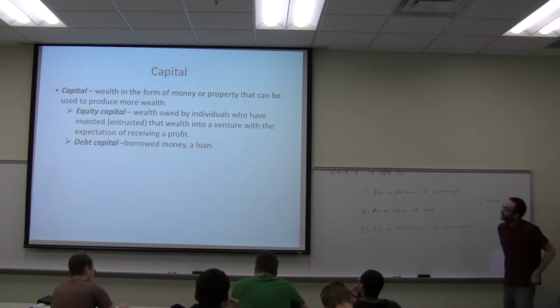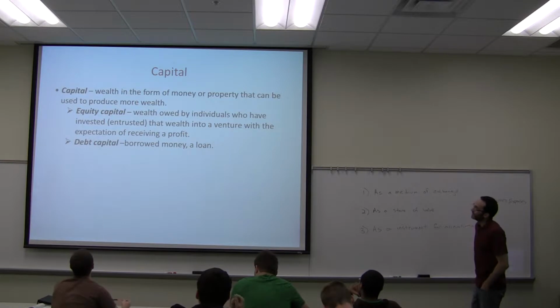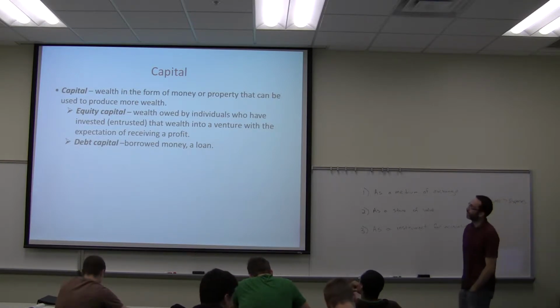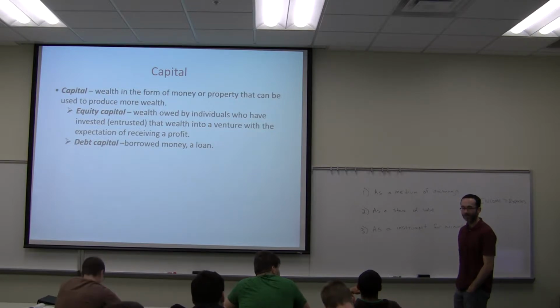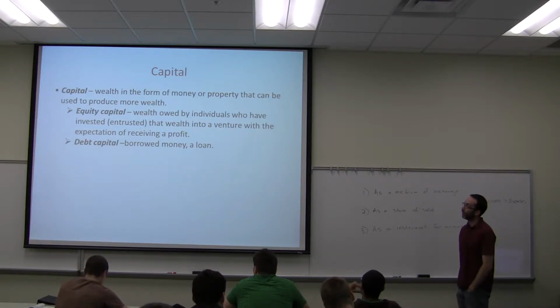So capital is another word for money, and it is the wealth that can be used to produce more wealth. And this is kind of a funny thing that I've always been a little bit amused at, is a lot of people refer to their home as an investment. The definition of an investment is something that can generate more wealth.